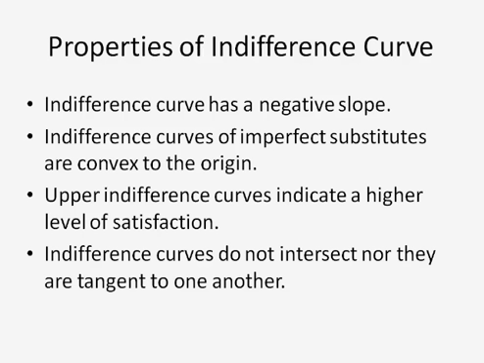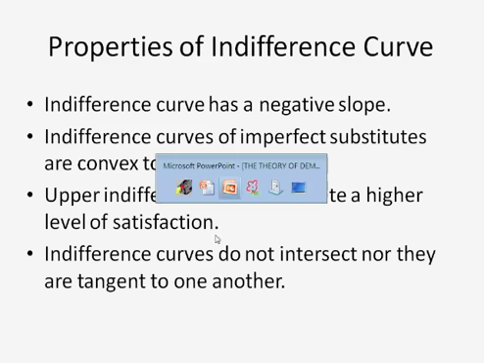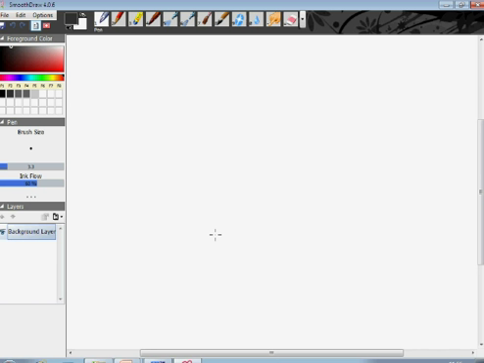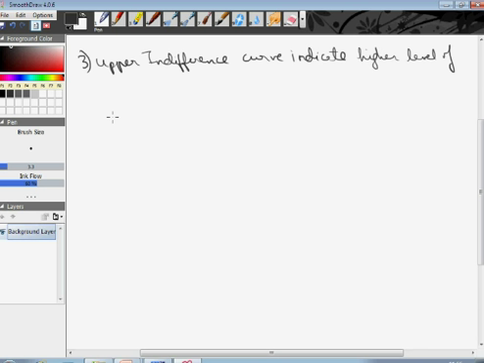Now our third property is that the upper indifference curve indicates a higher level of satisfaction. Let's understand this. Third property, upper indifference curve indicates higher level of satisfaction.